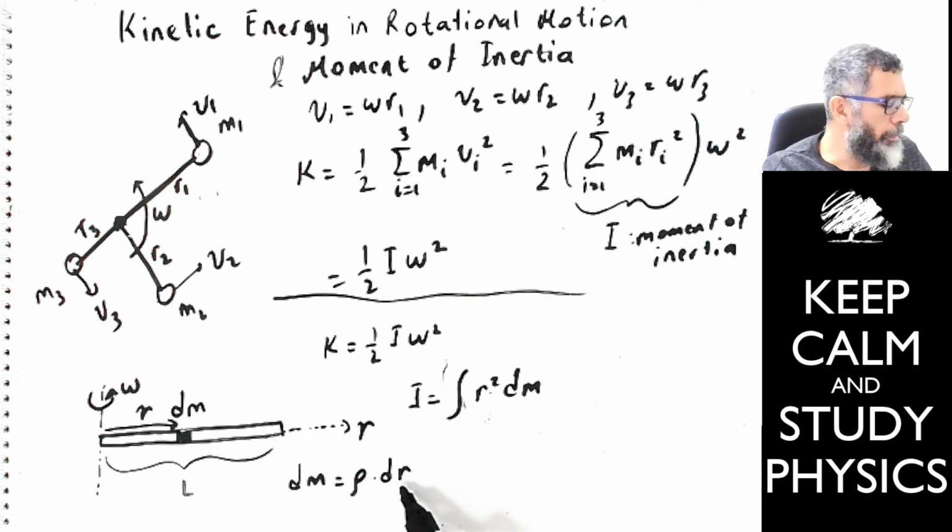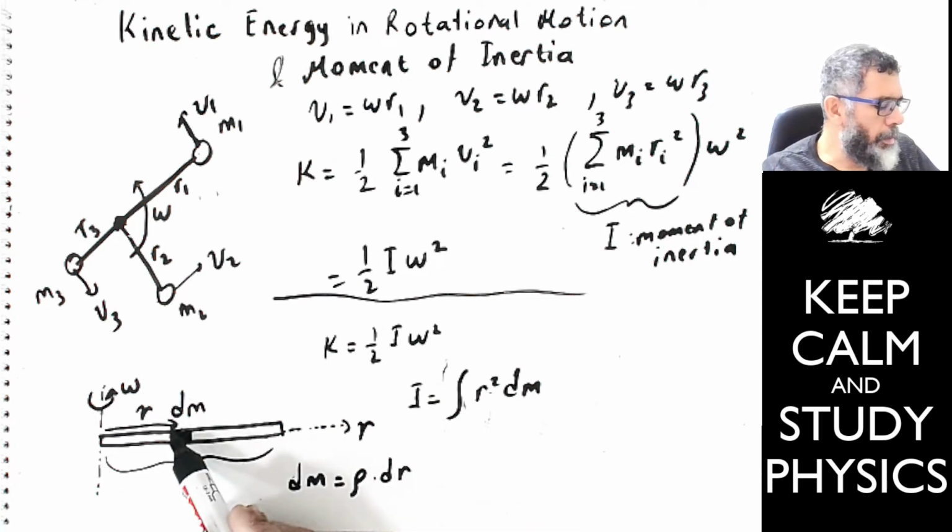Okay, but how do we get dm? Since it's a one-dimensional extension of mass, we have to multiply every dr by the mass density of the rod, so we get dm.